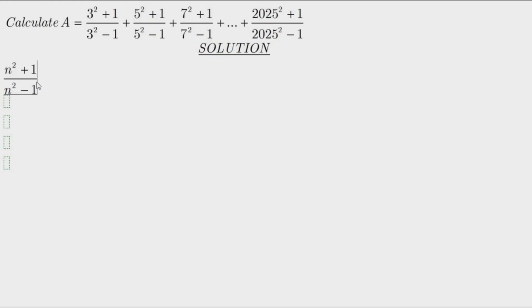This fraction can be written as (n square minus 1, then plus 2) divided by (n square minus 1). Look at the numerator again, n square plus 1. It can be written as n square minus 1 and plus 2. That is the same because minus 1 and plus 2 equal 1. Now we have to separate this fraction into two fractions.